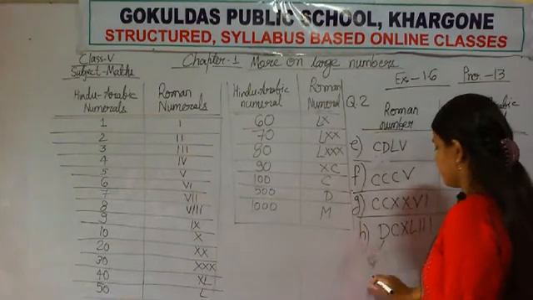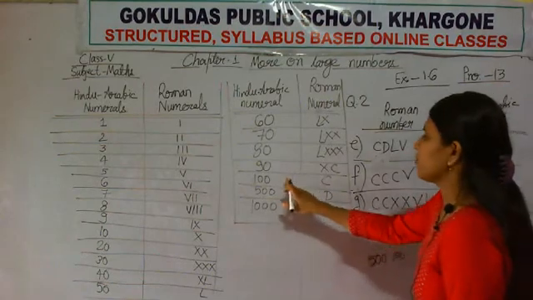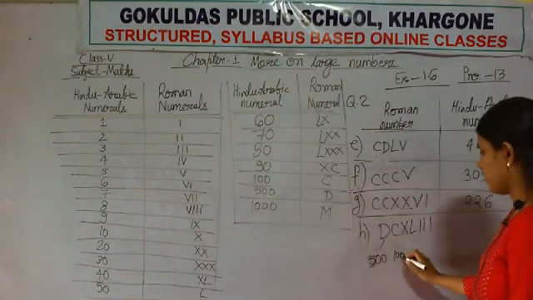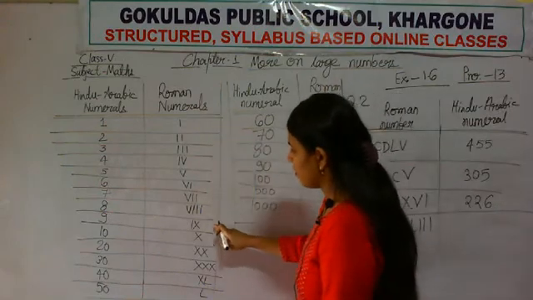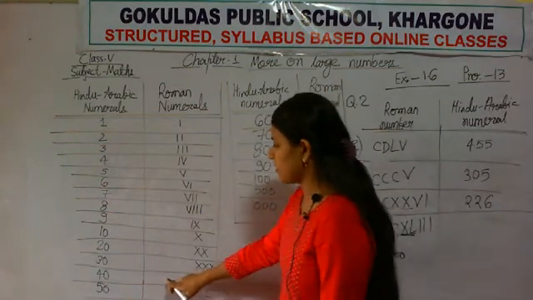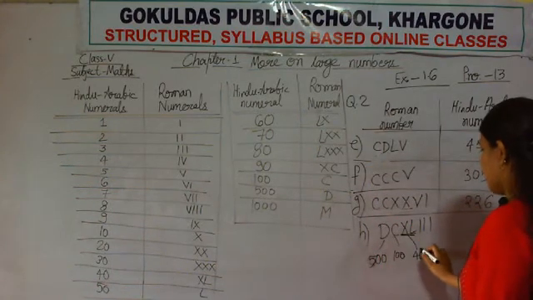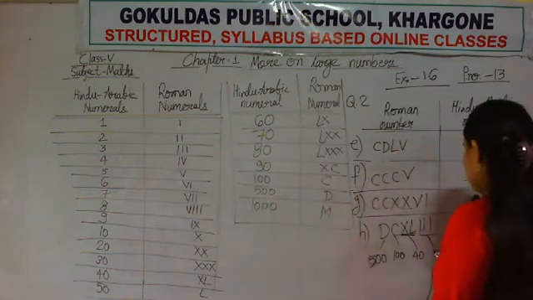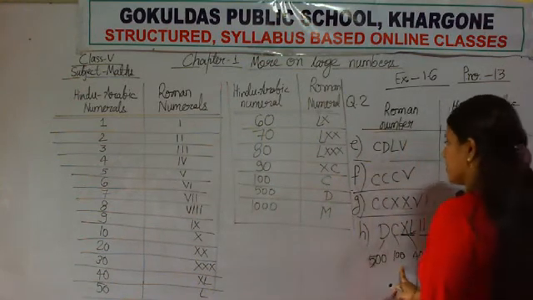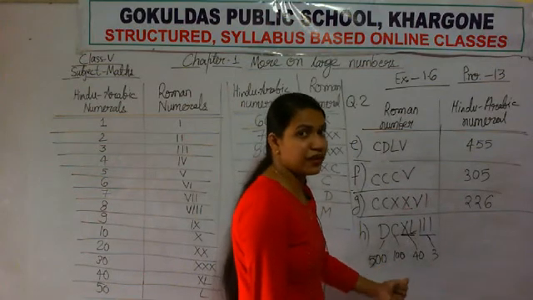C represents 100. XL represents 40. III represents 3. When you observe it, 100 is smaller than 500.